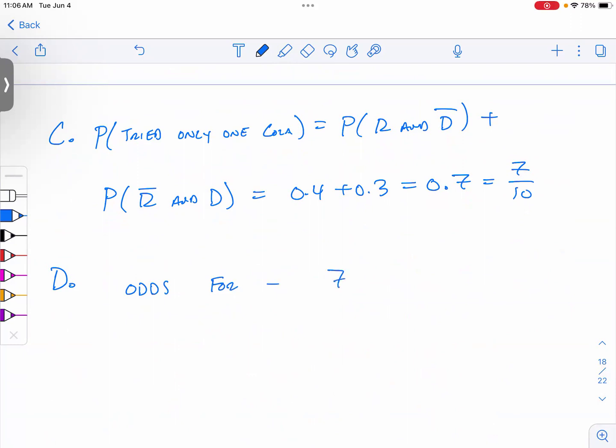There are 7 chances this does happen, and 7 plus what number makes 10? 3 chances that it does not. So the odds against are, flip that, 3 to 7. I like to always identify odds for first, and then you just flip those to identify odds against.